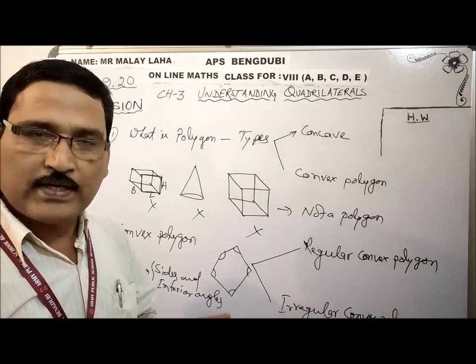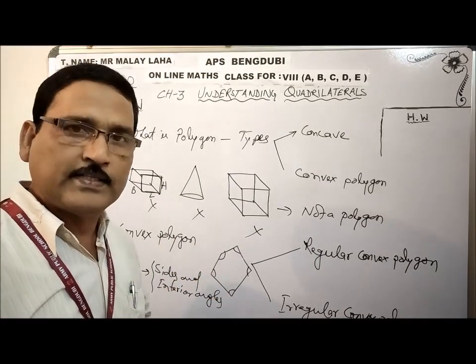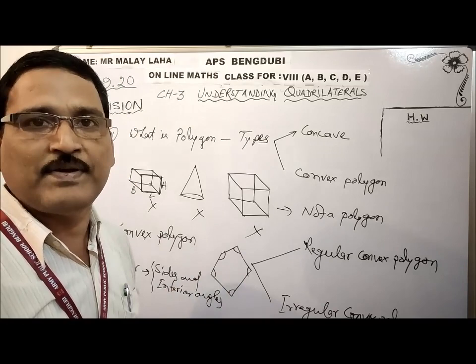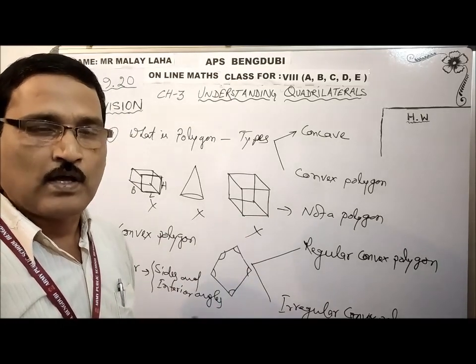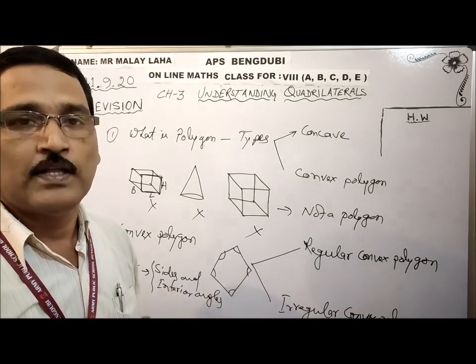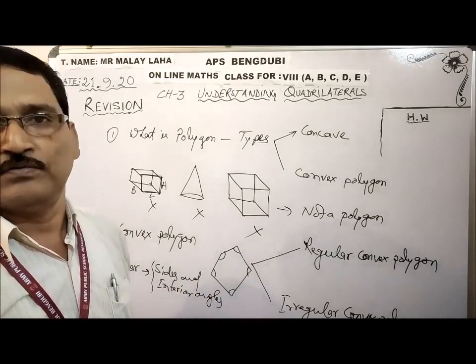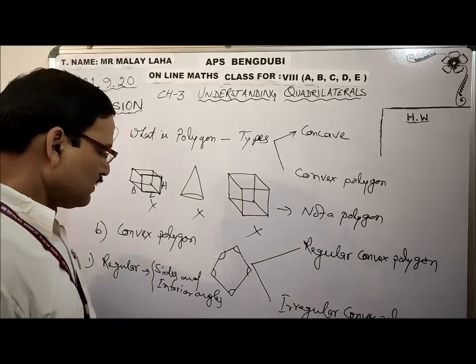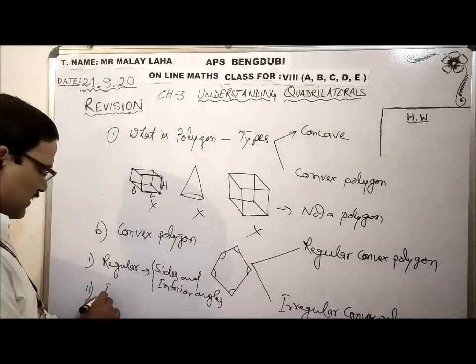When a convex polygon has each side and each interior angle equal in measure, all sides equal and all interior angles equal, then it is called a regular convex polygon. And irregular is when it does not have this.